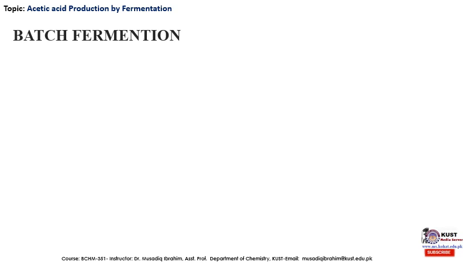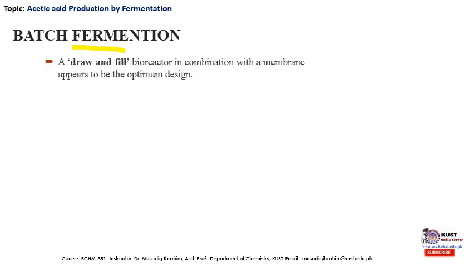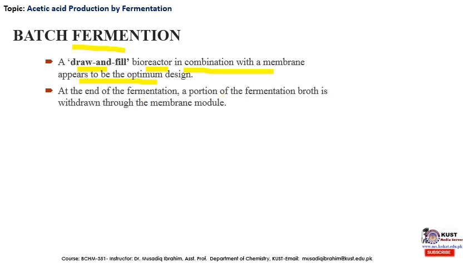Now move towards the batch fermentation process for the production of acetic acid. Now a draw and fill bioreactor in combination with the membrane appears to be the optimum design of the batch fermentation tank. Now at the end of the fermentation, a portion of the fermentation broth is withdrawn through the membrane module.